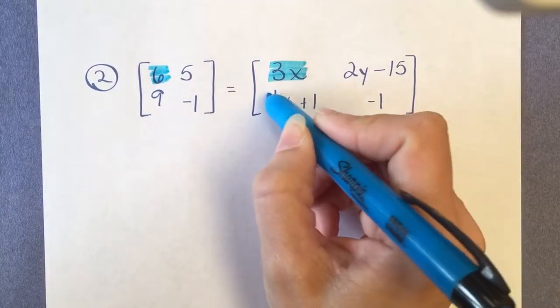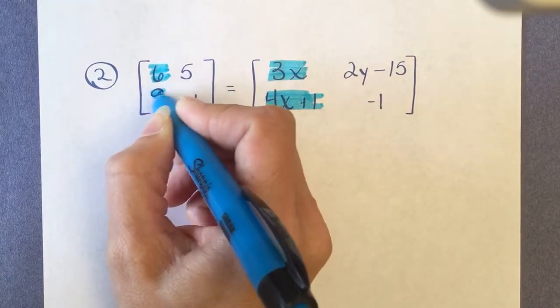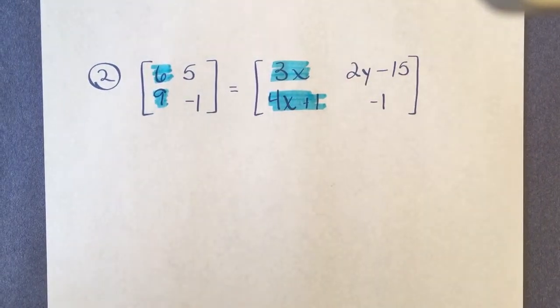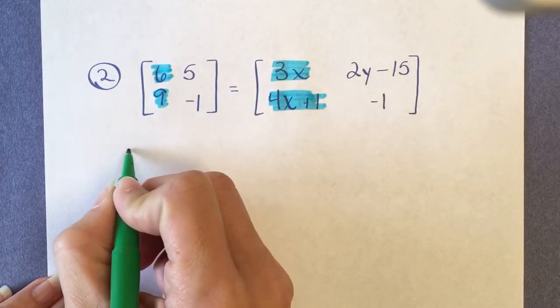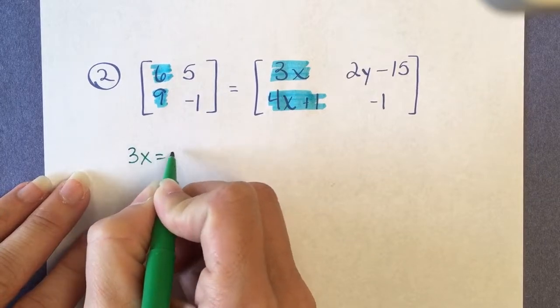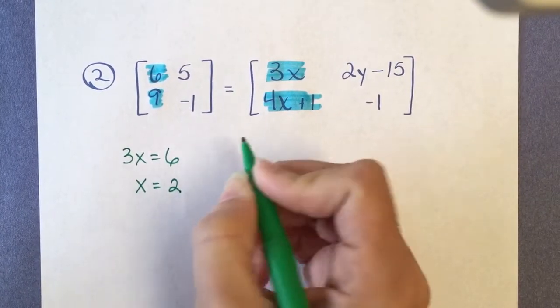Now, I also have an x here, and what I have in the same position there is the 9. So actually, in this case, I could use either one of those to help me out. I could say that, well, 3x has to be equal to 6, which would indicate that x has to be equal to 2.